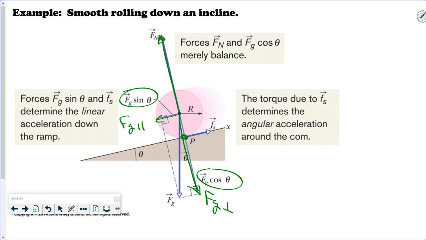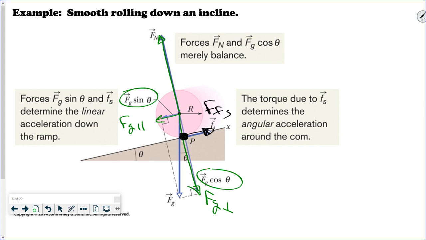Now, if this thing is rolling, there has to be friction. If there was no friction, it would simply slide down the ramp. It wouldn't actually roll. Remember, we said that if the object is rolling, at the point of contact there's no motion. And if there's no motion, that means there's no sliding, which means this must be a force of static friction occurring at the point of contact.